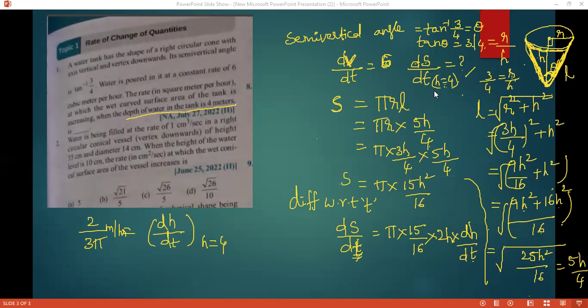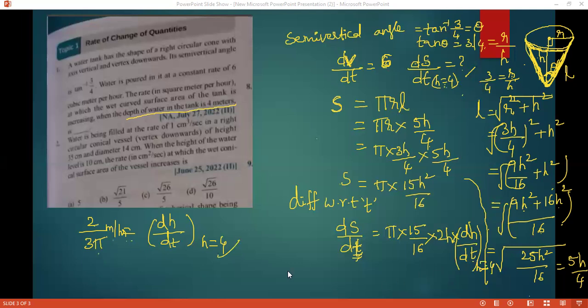We want ds by dt at h is equal to 4, right? Because our question gives the condition that the depth of the water in the tank is 4 meters. So I want dh by dt at h is equal to 4. We have already calculated that dh by dt at h is equal to 4 is 2 by 3 pi meter per hour.